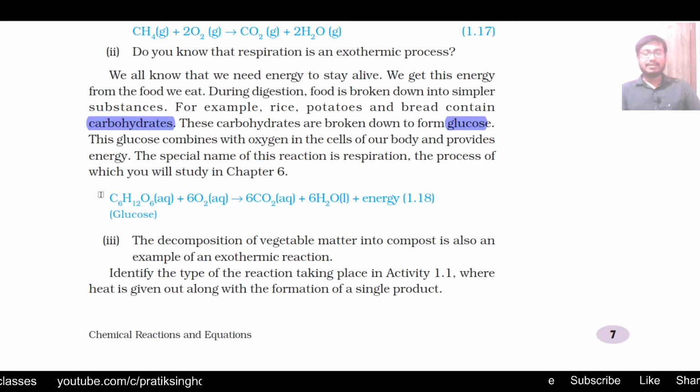As you can see here, glucose C6H12O6 in aqueous form reacts with oxygen in aqueous form, which we inhale, and converts into carbon dioxide in aqueous form plus water in liquid form, plus a huge amount of energy. This energy keeps us alive and gives us the potential to do work. So this is example 1.18.